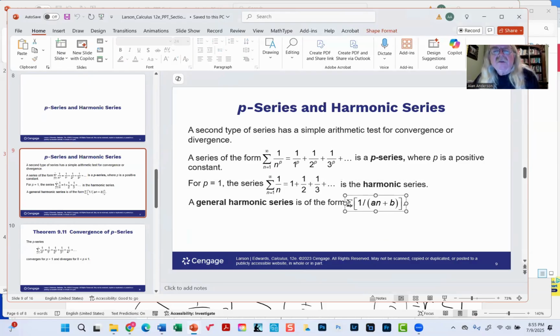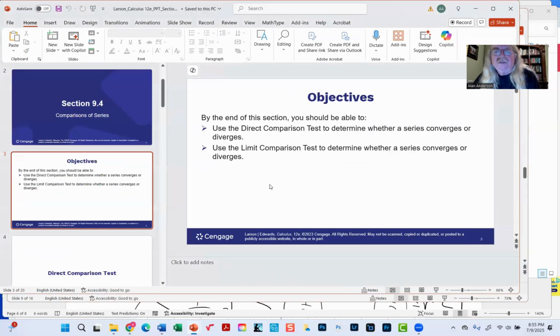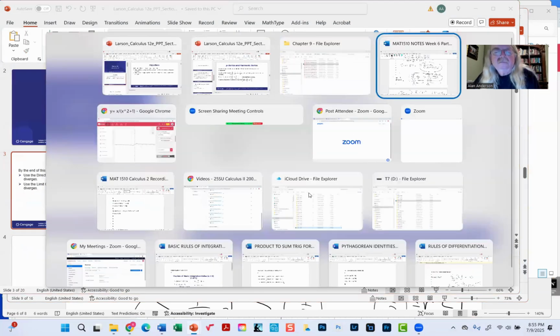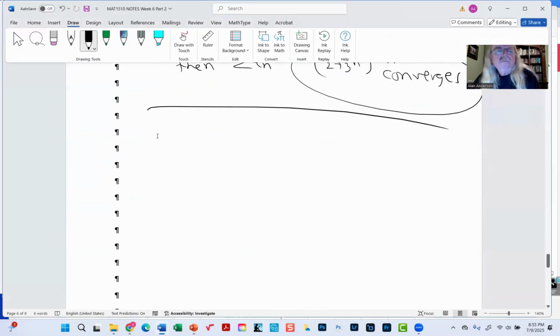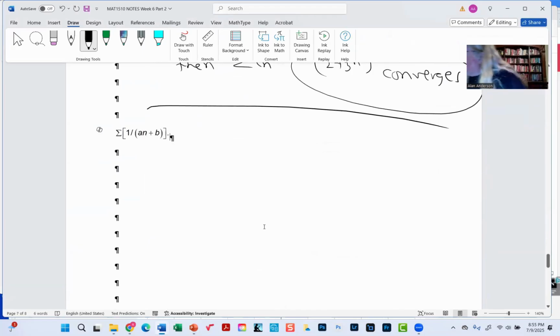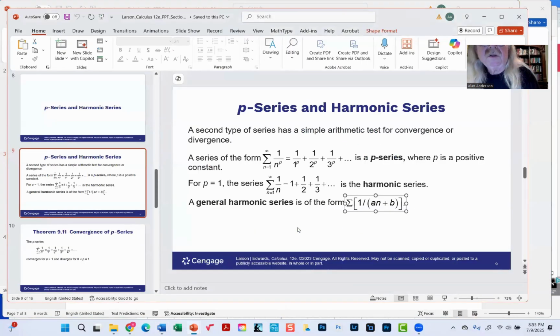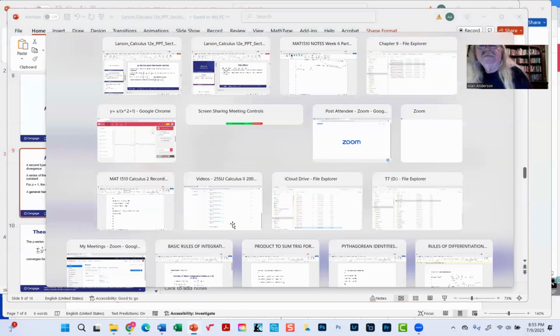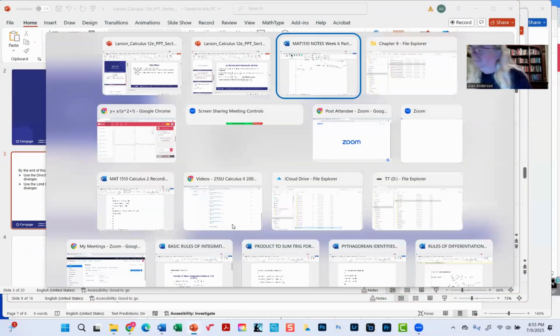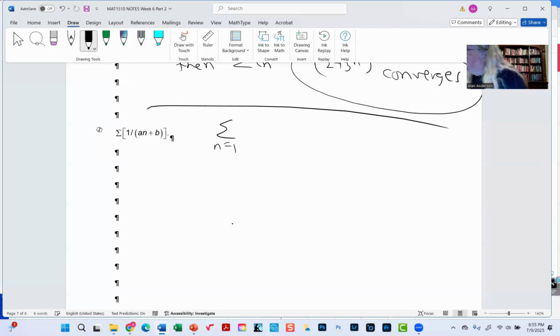This, in general, is also a harmonic series. So you can have not just something like this. The example we had here was n equals 1 to infinity, 1 over n.